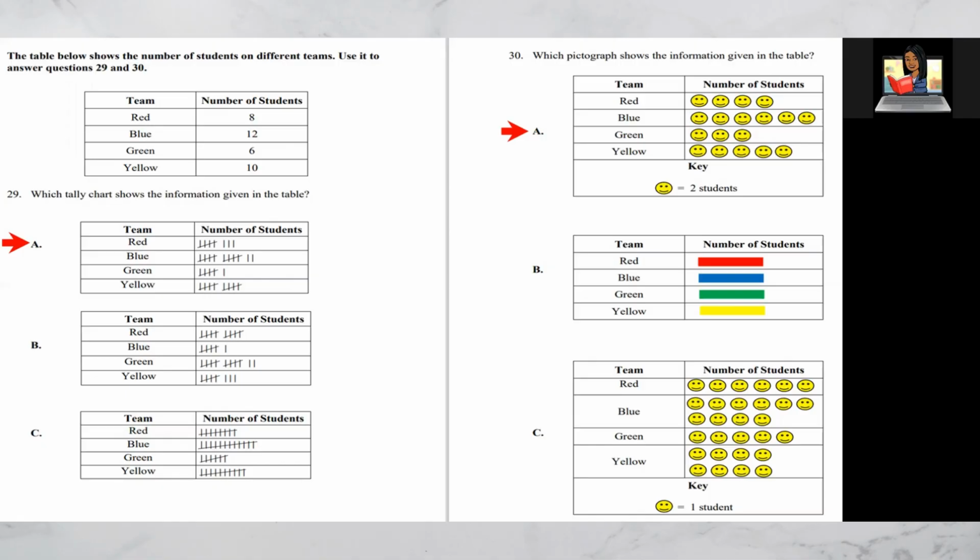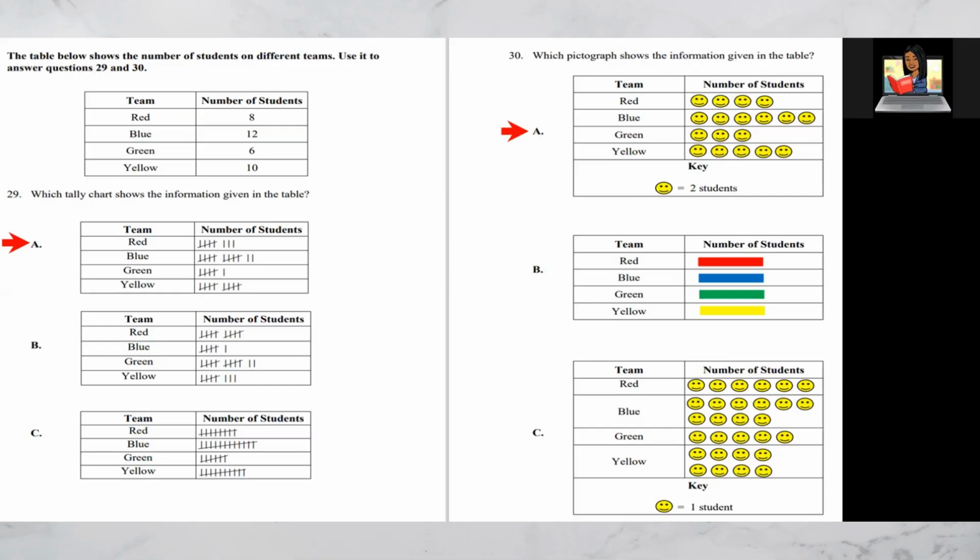Now let's look at question 30. Which pictograph shows the information given in the table? We see 4 smiley faces beside the red. Then here we see some bars. I remember that the question is talking about pictographs, so right away we know that option B cannot be the answer. And in option C, we see 1, 2, 3, 4, 5, 6 smiley faces.